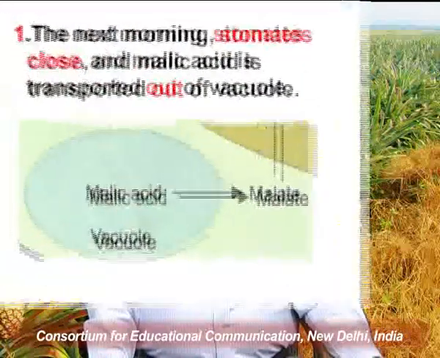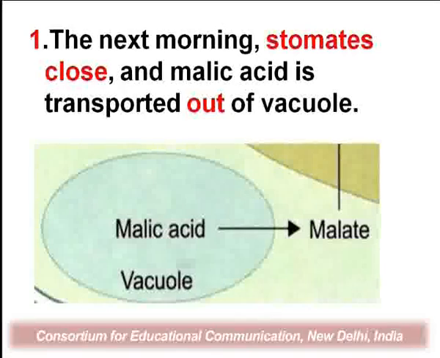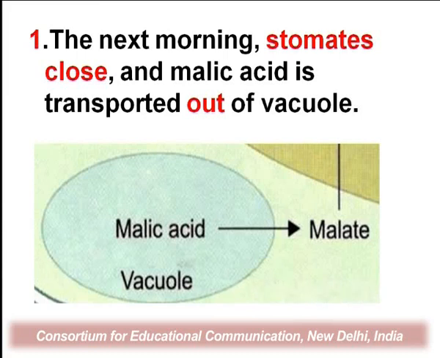So once the stomata are closed, there is no contact with the outside atmosphere in terms of gases. So the next morning, what would happen when the stomata close? This malic acid is now transferred, or it is transported out of the vacuole into the cytosol.